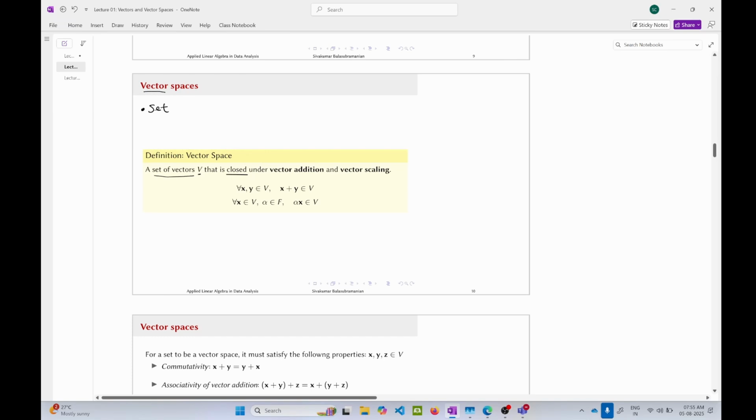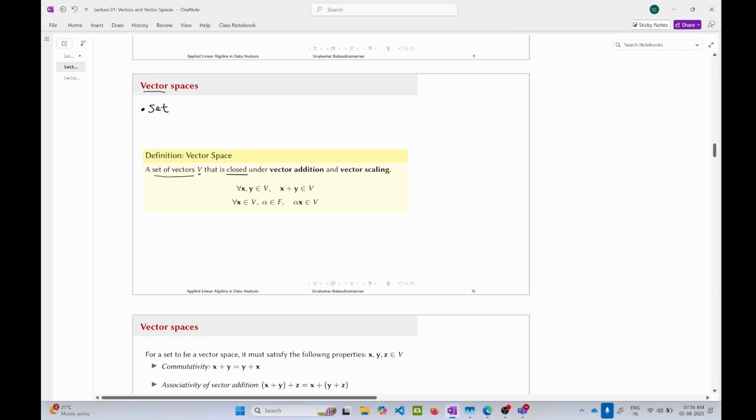Similarly, if I take two Rn vectors and add them, and I can find a new vector in my bag, then I say it's closed under this addition operation. And now, if you have a set that is closed under vector scaling and vector addition, then you say that this set is actually a vector space. That is what the definition says.